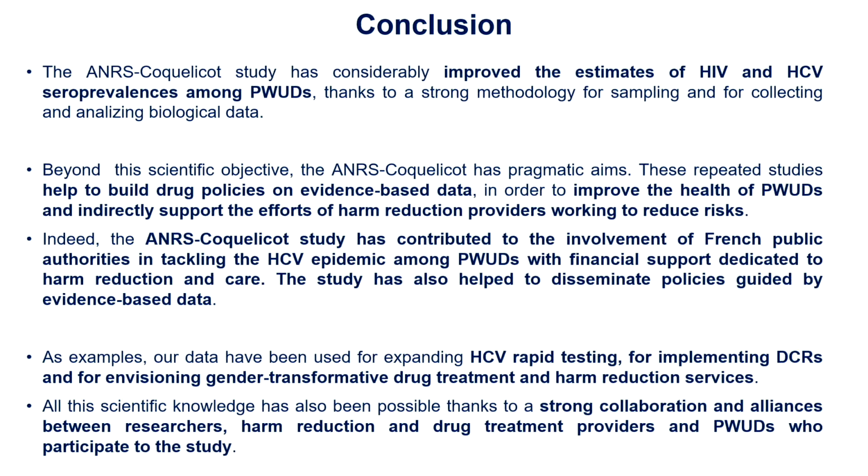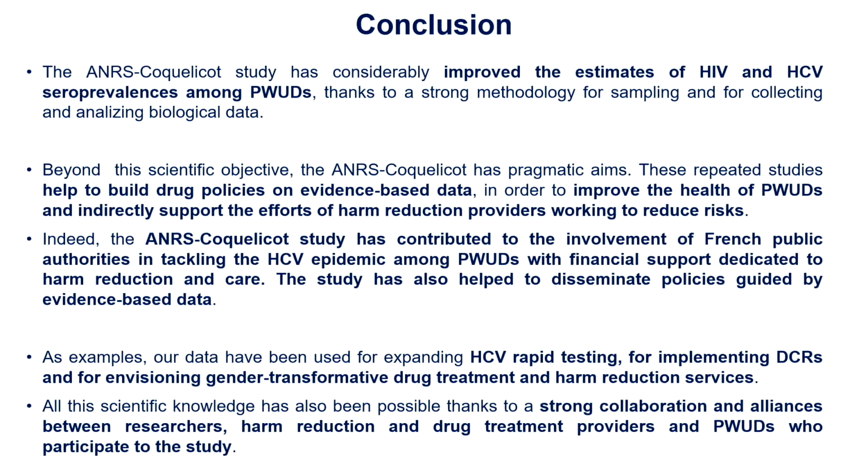So in conclusion, the ANRS Coquelicot study has considerably improved the estimate of HIV and HCV seroprevalence among people who use drugs in France, thanks to a strong methodology for sampling and also for collecting and analyzing biological data. But beyond this scientific objective, our study has also pragmatic aims.